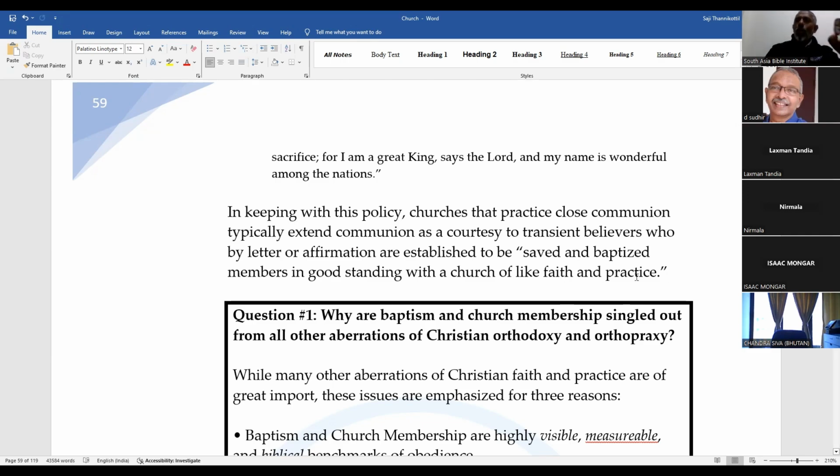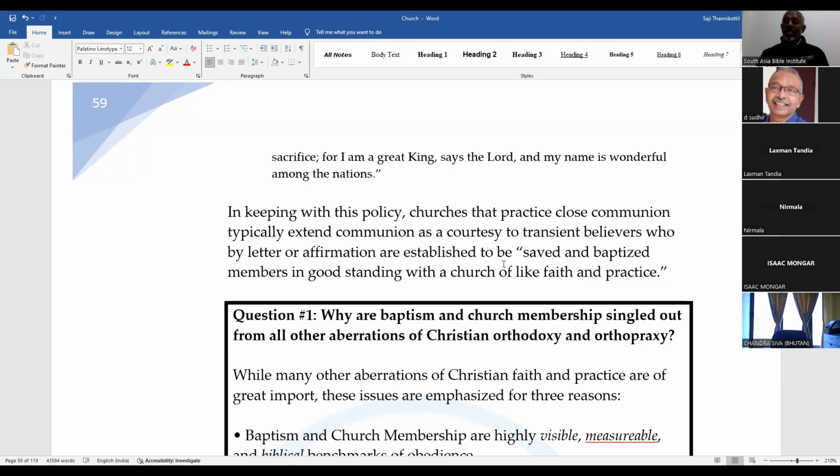All right, so that is the way of the Lord's table, that's what close communion is. Now, let me ask you, maybe this is a question that I asked before: is there any evidence in the Bible for close communion? Can anyone talk about close communion?